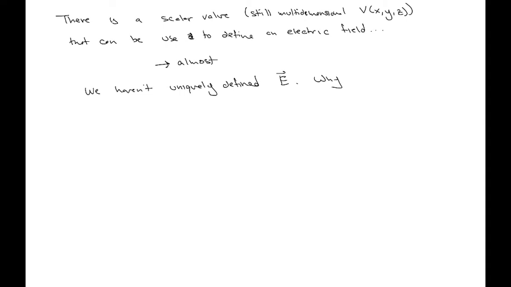Well, if the electric field is equal to the negative gradient of some scalar field, then the electric field is also equal to the negative gradient of that scalar field plus a constant. So I could add some arbitrary voltage or potential to my scalar field, and I would still calculate the same electric field.